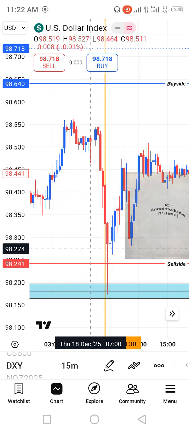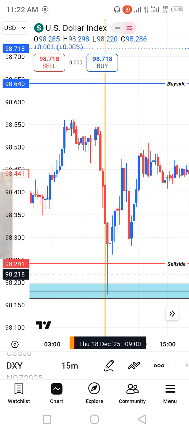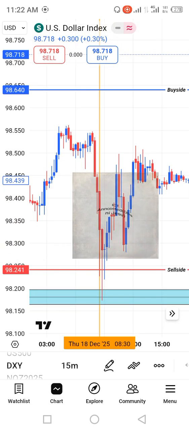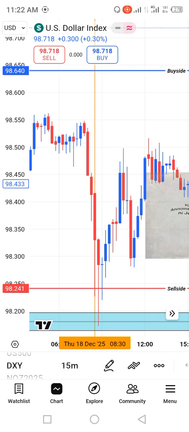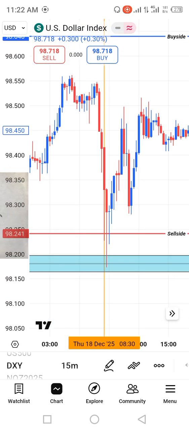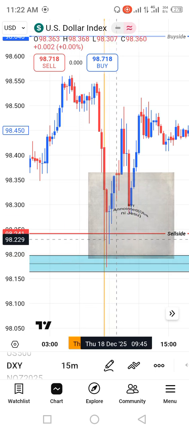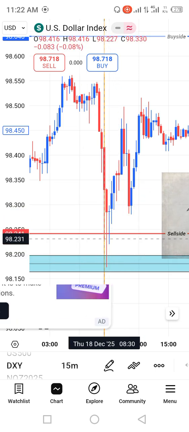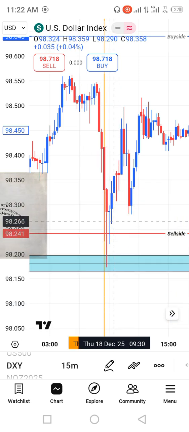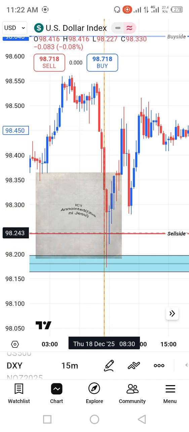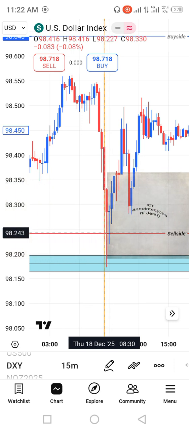Now the question is, what should you do now? What I did was I came in here and watched this very leg that got rejected after clearing sell side, meaning you had cleared liquidity from the market and got rejected. So I want to see a change of state of delivery to the upside.